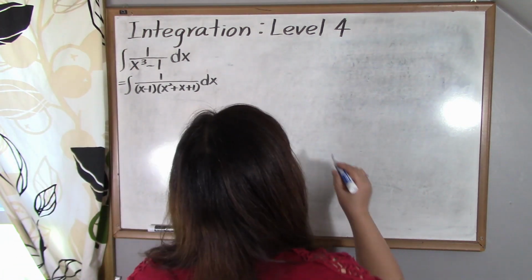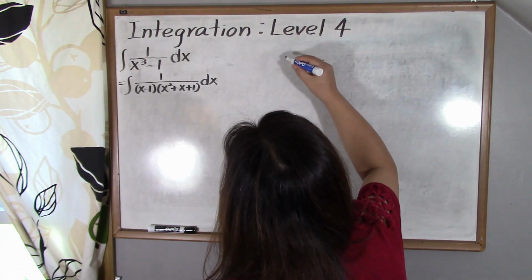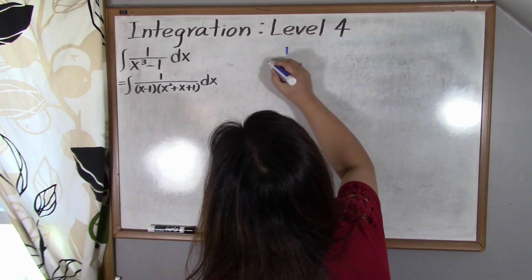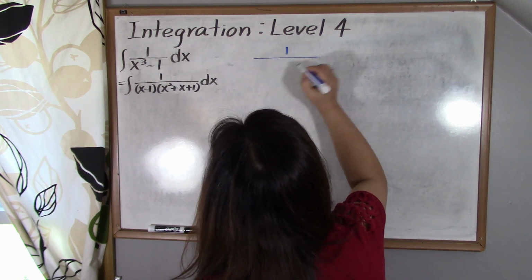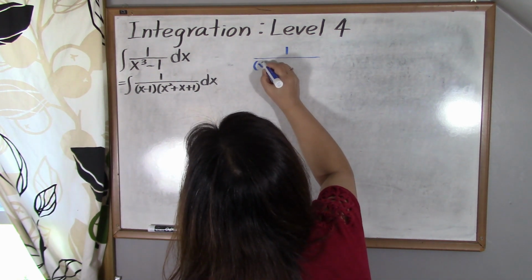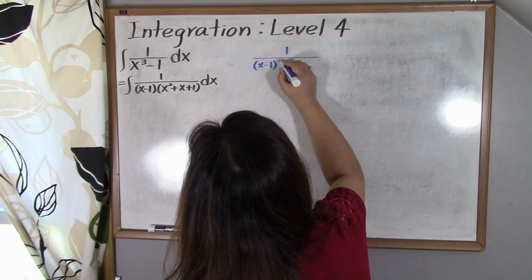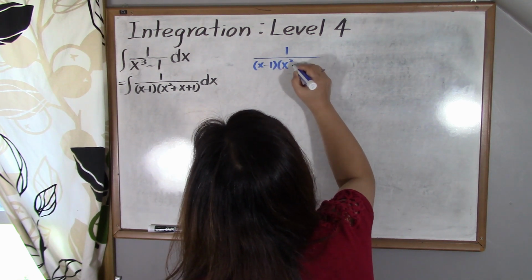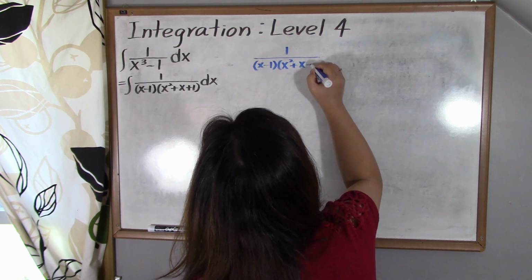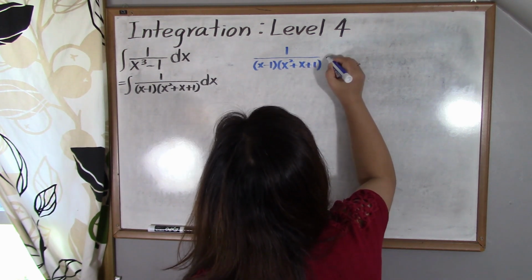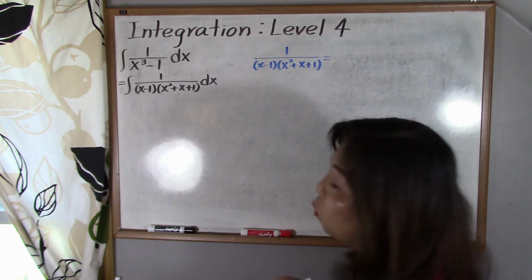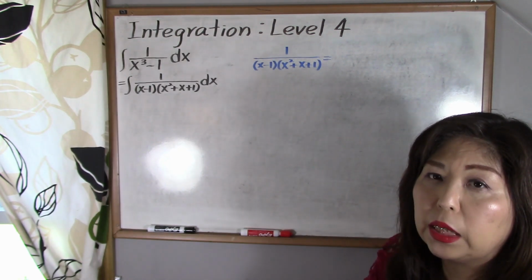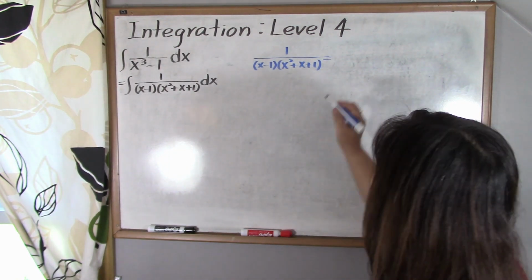So, I'm going to rewrite over here 1 over x minus 1 times x squared plus x plus 1 is equal to what? This is like a partial fraction, okay?